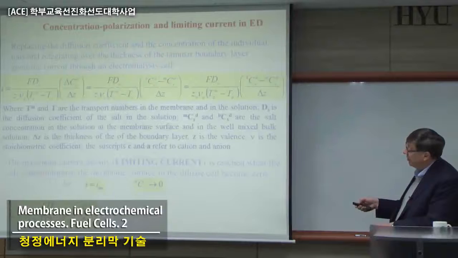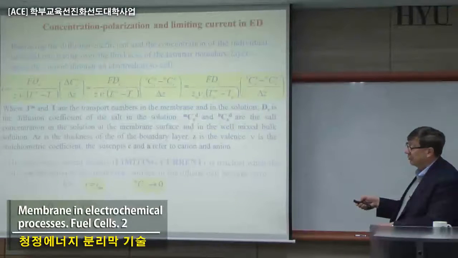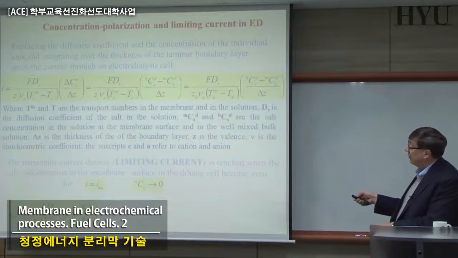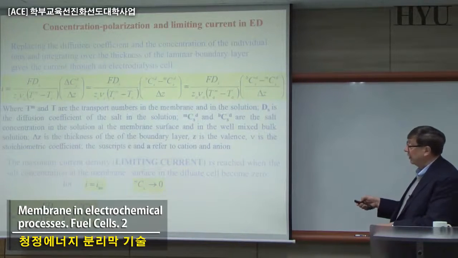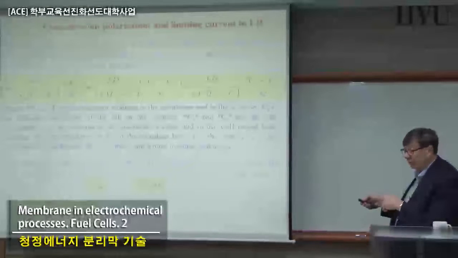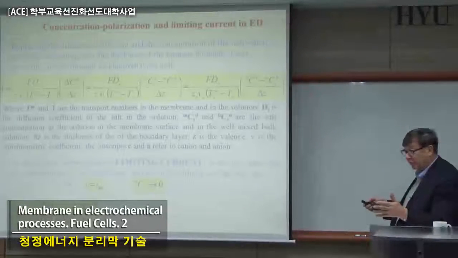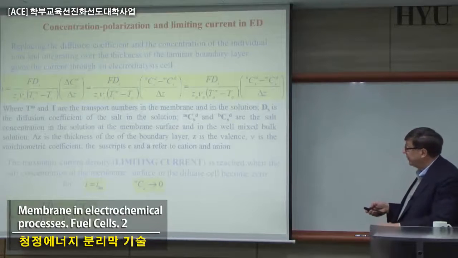Tm and T are the transport numbers in the membrane and in the solution. Ds is the diffusion coefficient in the solution. The CSM and the CSB are the salt concentrations at the membrane surface and in the bulk. That means when everything is well mixed and the solution is homogeneous, there is no concentration gradient.